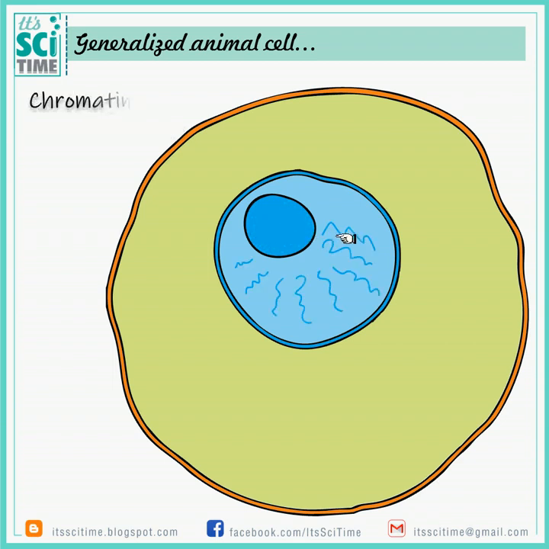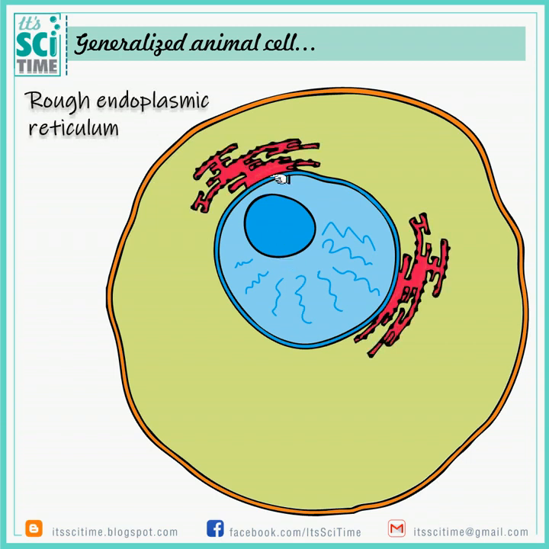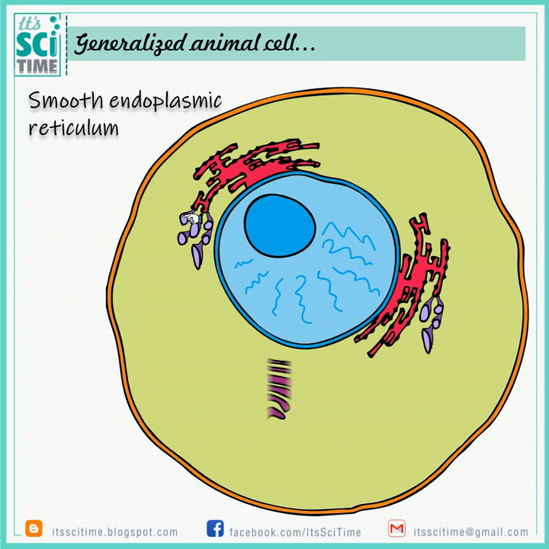There are also genetic materials in the nucleus, known as chromatin. Another organelle connected to the nucleus is called the endoplasmic reticulum. It looks like sheets. There are small ribosomes found on this rough endoplasmic reticulum. There's another type called the smooth endoplasmic reticulum. It looks like tubes, and there are no ribosomes on it.